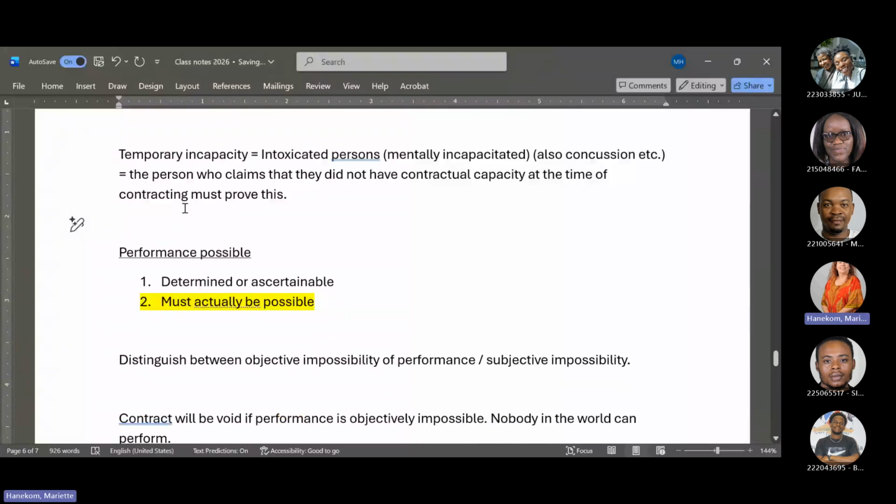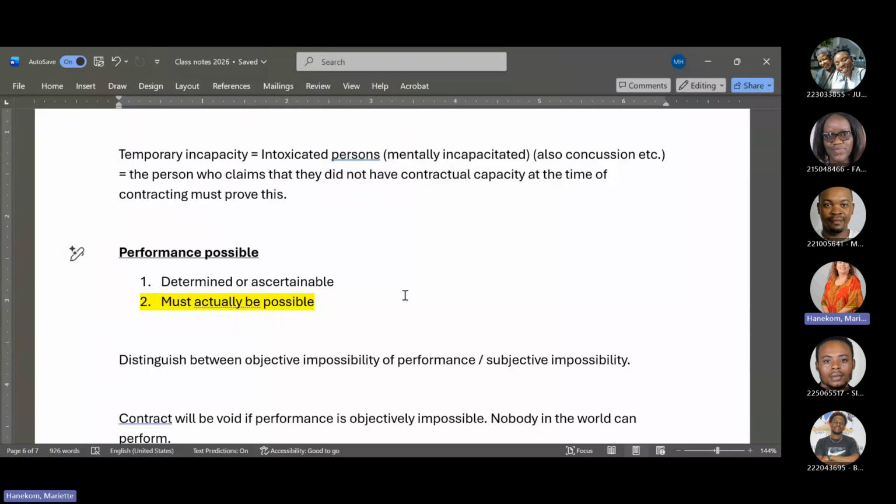So the next requirement: performance must be possible. There are two aspects to this. In the first instance, we need to know what must be done. What is the performance? So the performance has to be determined or ascertainable.